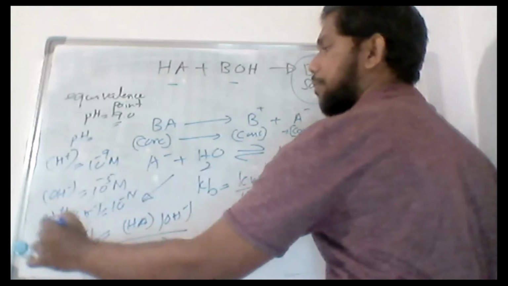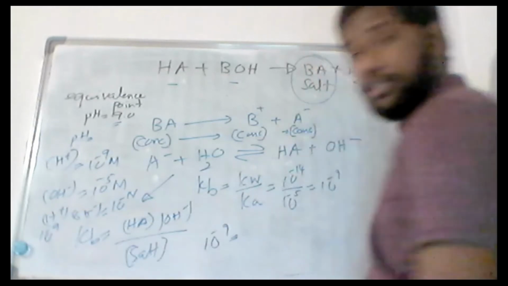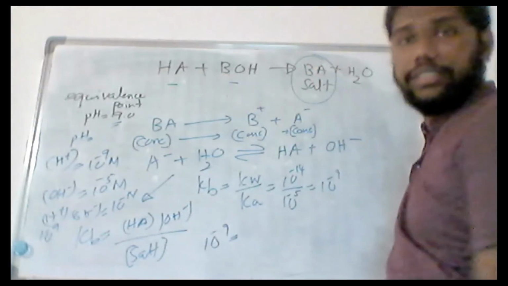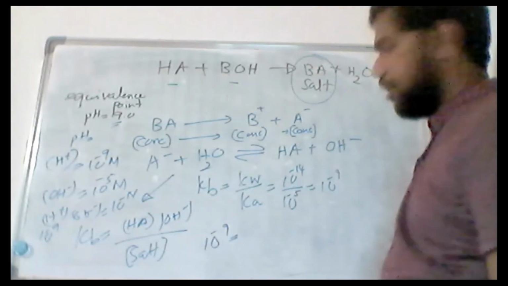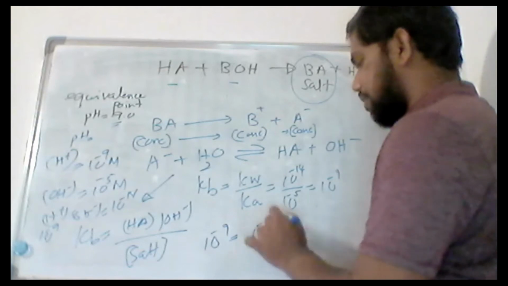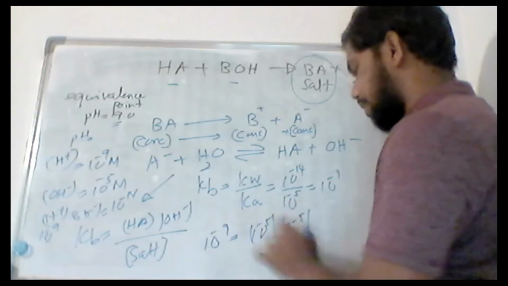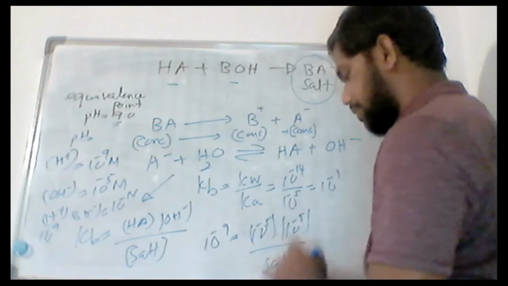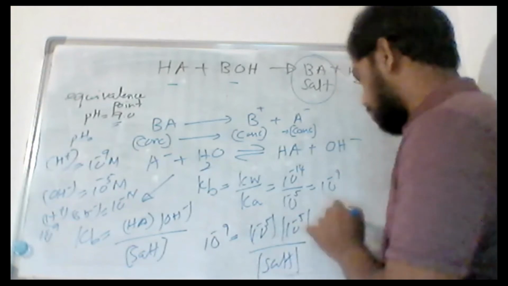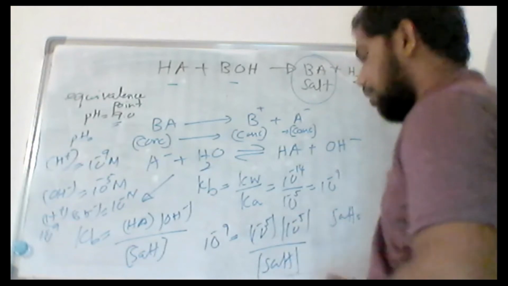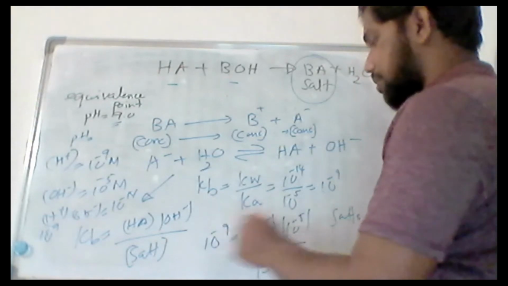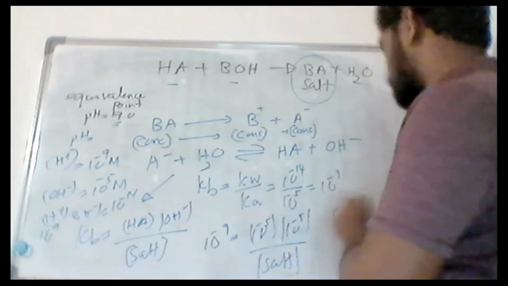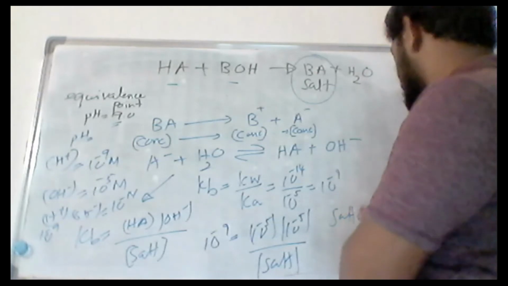So this is 10 to the power minus 9, so H+ you know, so OH minus is 10 to the power minus 5. So this should be 10 to the power minus 5 times 10 to the power minus 5 over salt concentration. So my salt concentration is 10 to the power minus 10 over 10 to the power minus 9, which is 0.1.